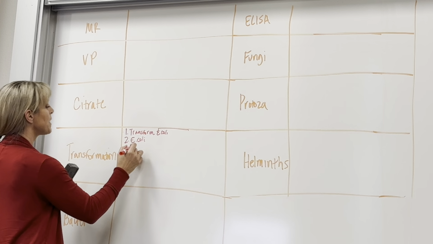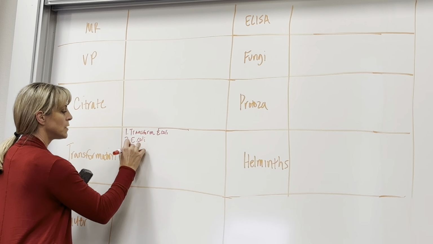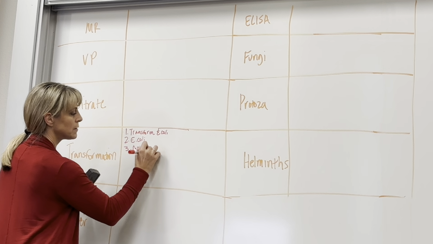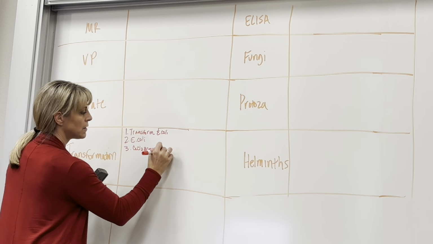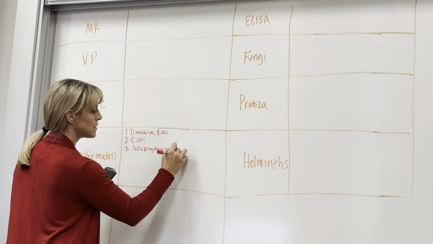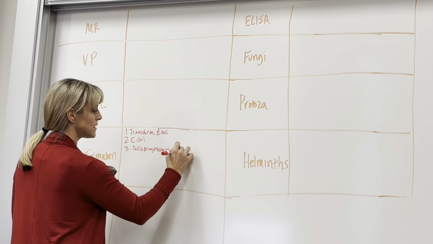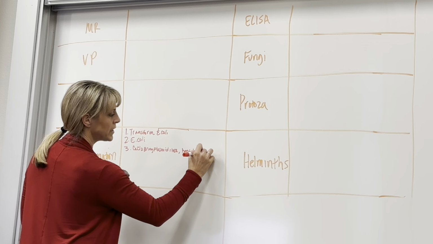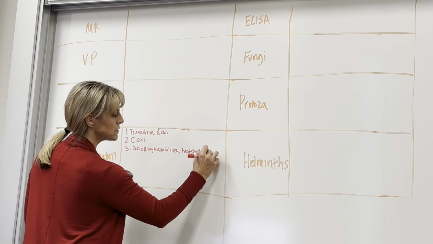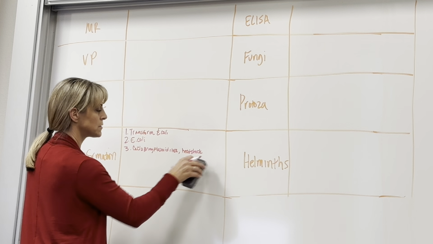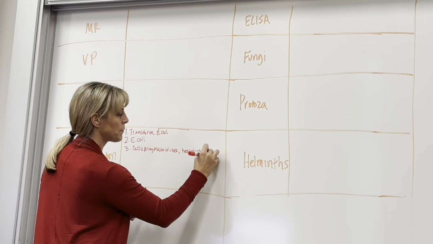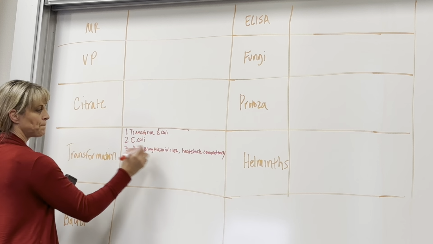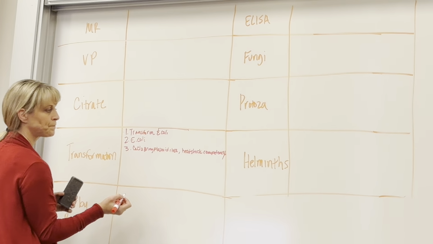Three, methods: CaCl2 to bring the plasmid close, and then we did heat shock to induce competency.